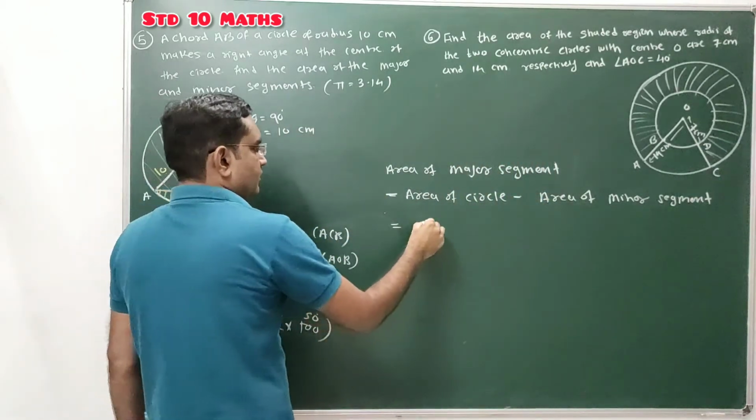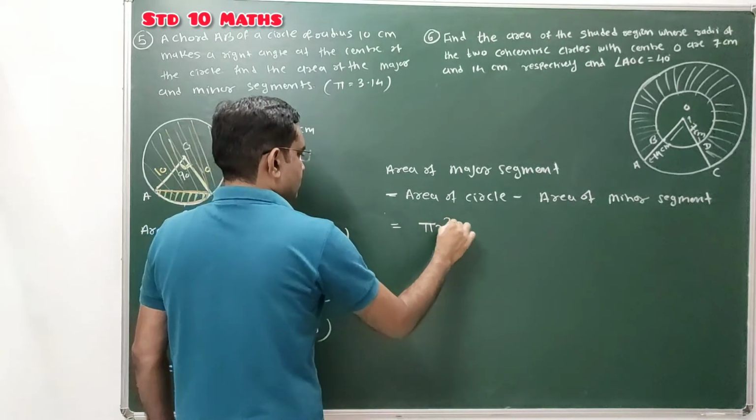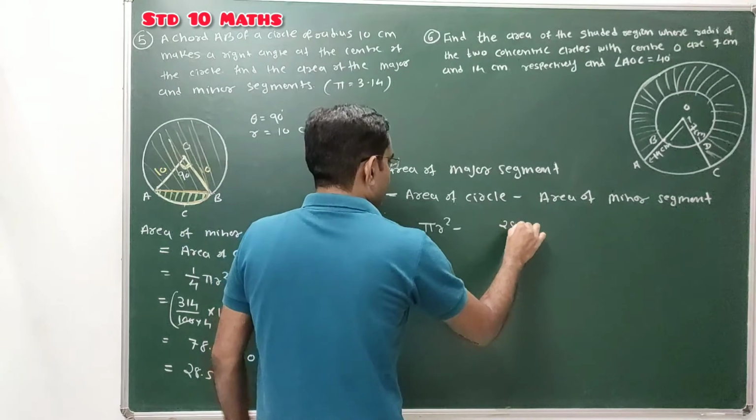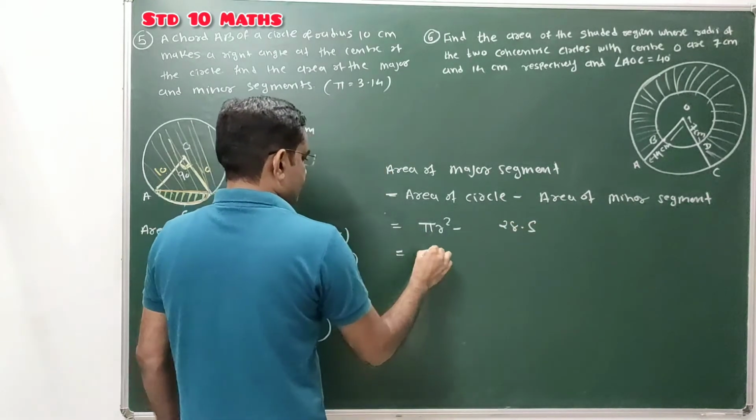Area of circle pi r square minus area of minor segment that we have derived, 28.5 centimeter square.